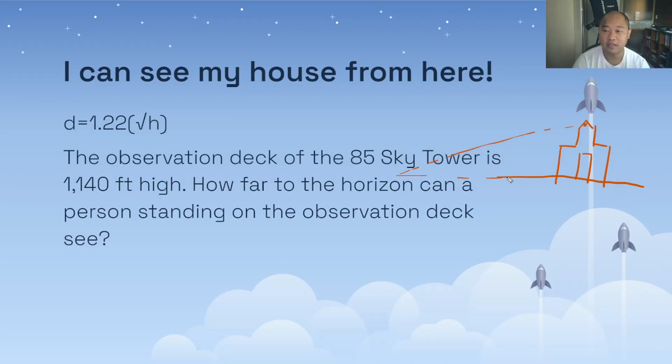That's what this is asking you. And how tall the observation deck is, 1,140 feet. So D equals 1.22 times the square root of 1,140.